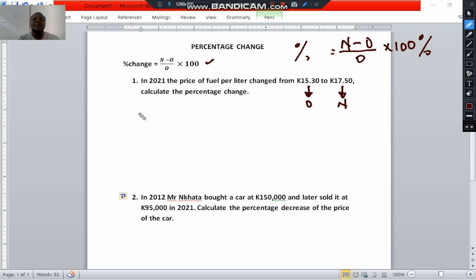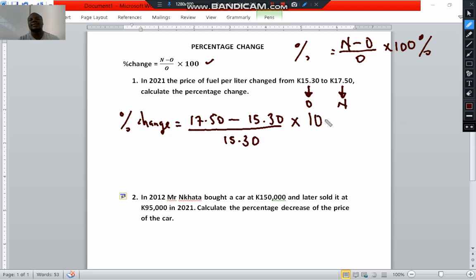So our formula says percentage change is always equal to new take away old. Our new price is 17.50, take away the old price, which is 15.30. Everything is divided by the old price, which is 15.30, then multiplied by 100%.